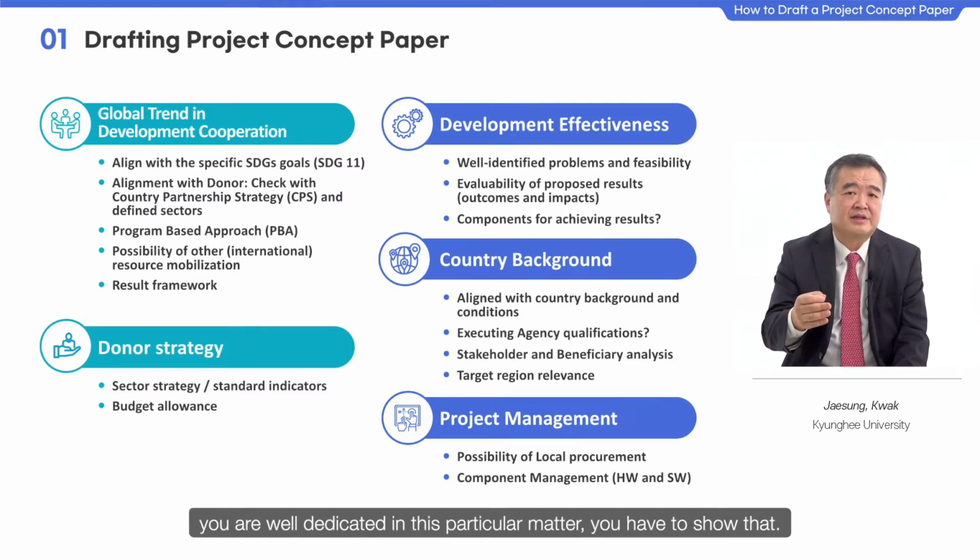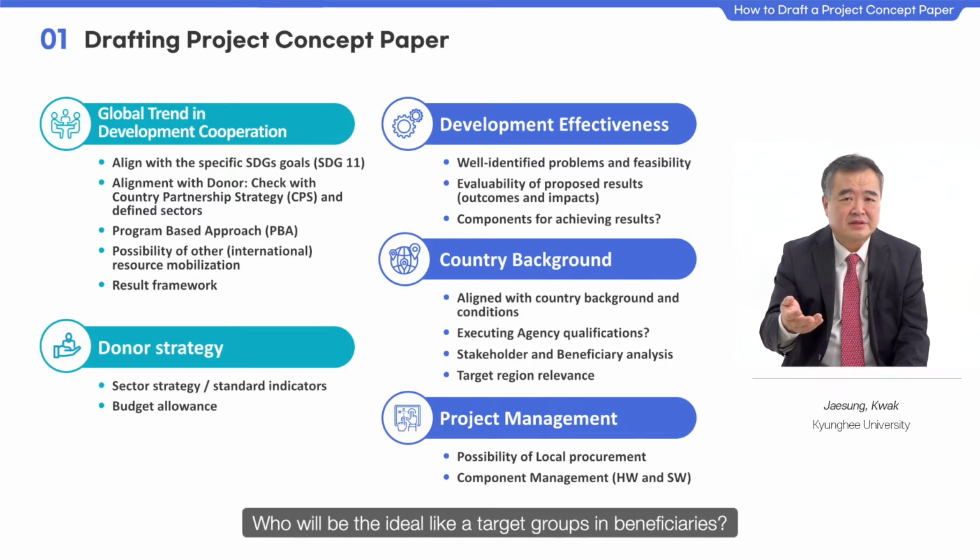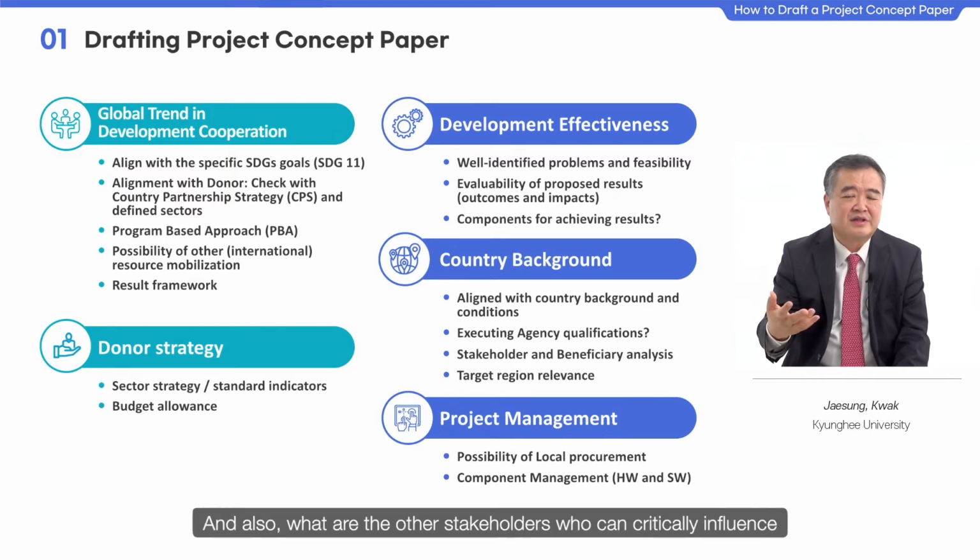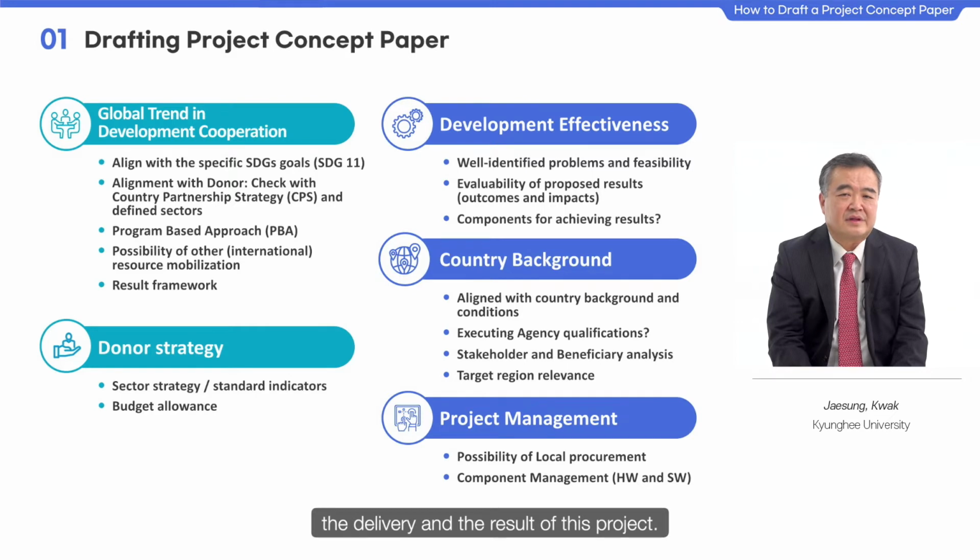You have to show that. And also stakeholder and beneficiary analysis can be included. Who will be the ideal target groups and beneficiaries, and also what are the other stakeholders who can critically influence the delivery and the result of this project.